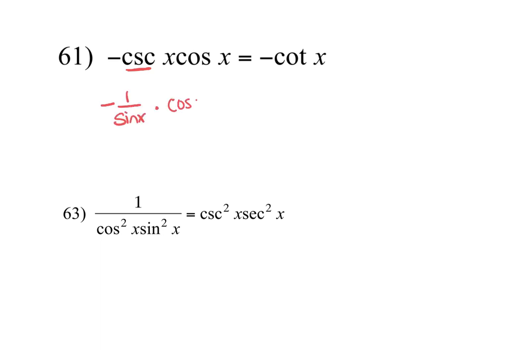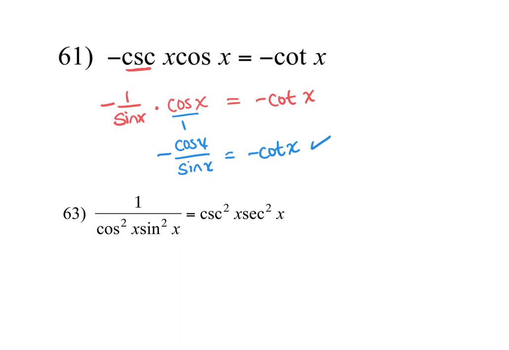Cosine is already in sine or cosine, so leave it alone. When I multiply, that's basically over 1. So negative cosine x over sine x does equal negative cotangent of x. Right, because you just multiply across and you get cosine over sine. Makes sense. So look at the next one.